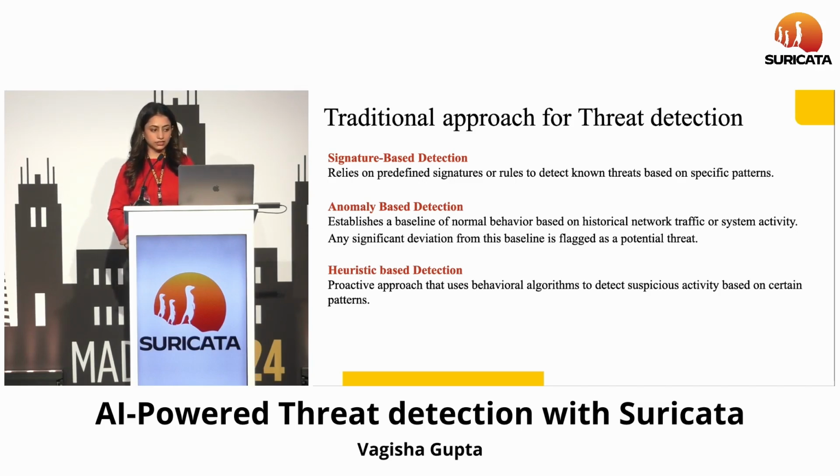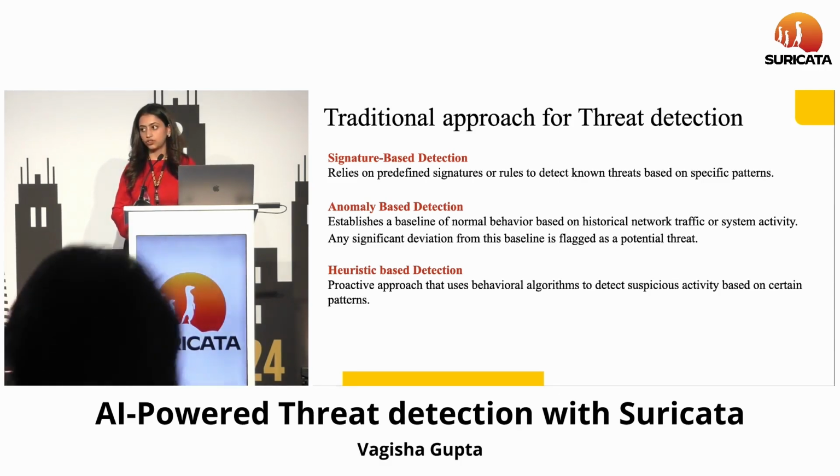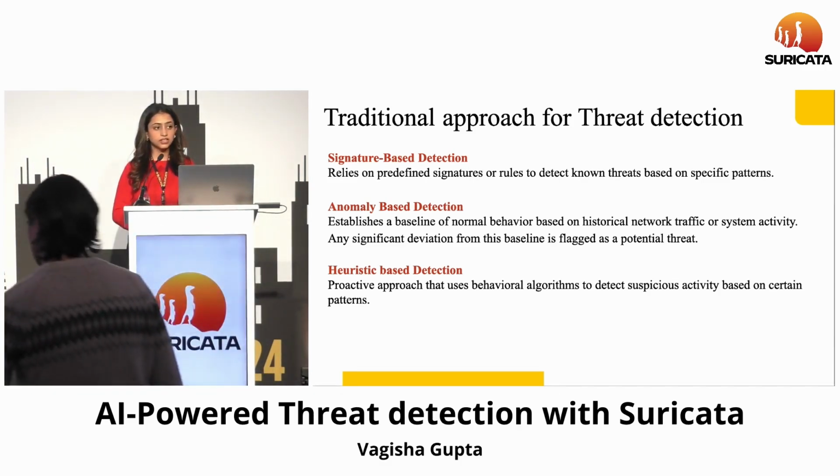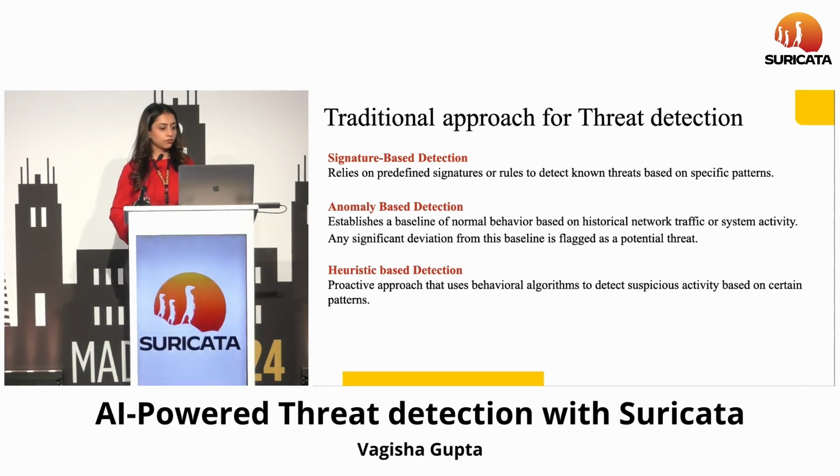miss certain attacks. The second one is anomaly-based detection, which establishes a baseline from normal behavior based on historic network traffic and patterns. Any deviation seen away from that baseline is marked as a potential threat.